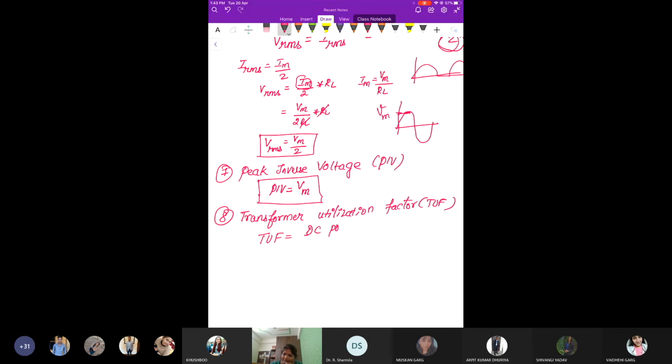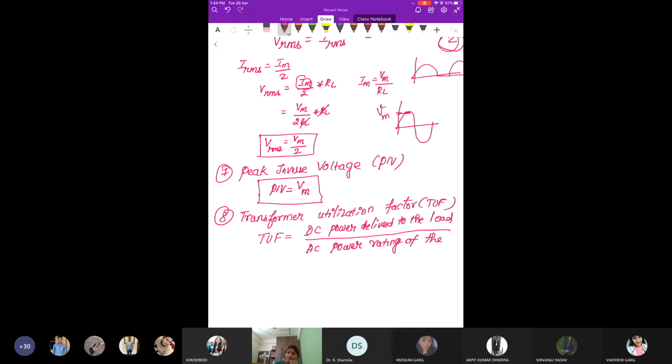So that is the DC power delivered to the load, divided by the AC power rating of the transformer, the AC input power which we are giving.